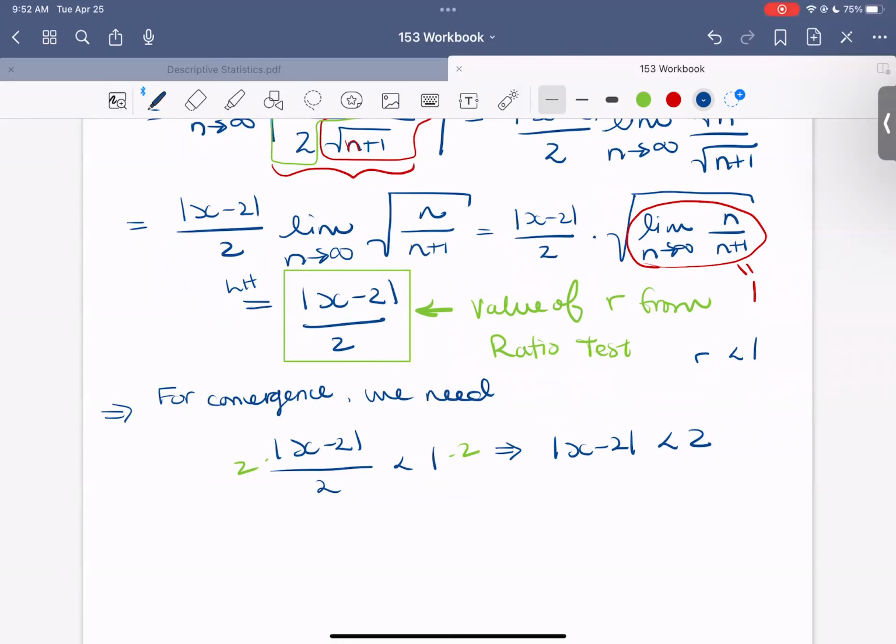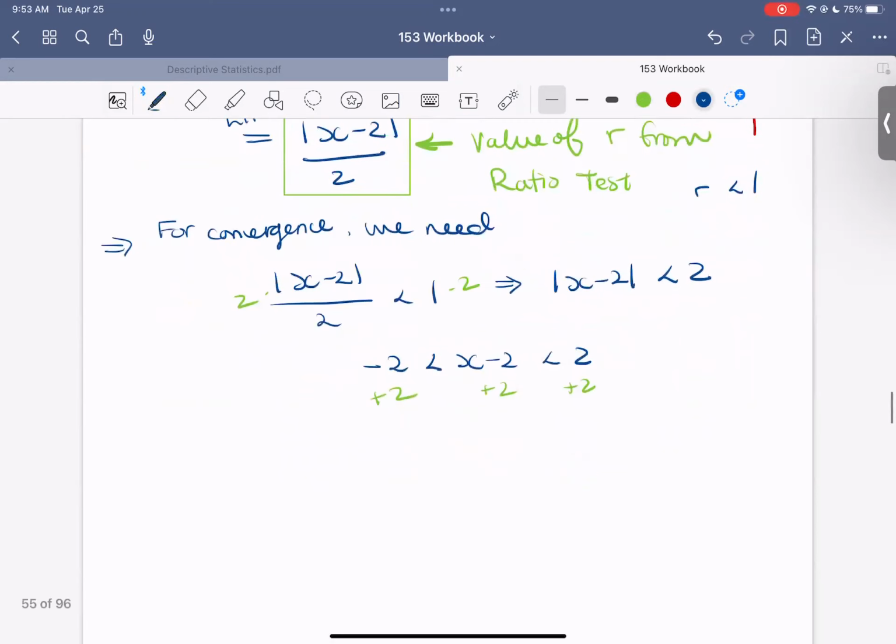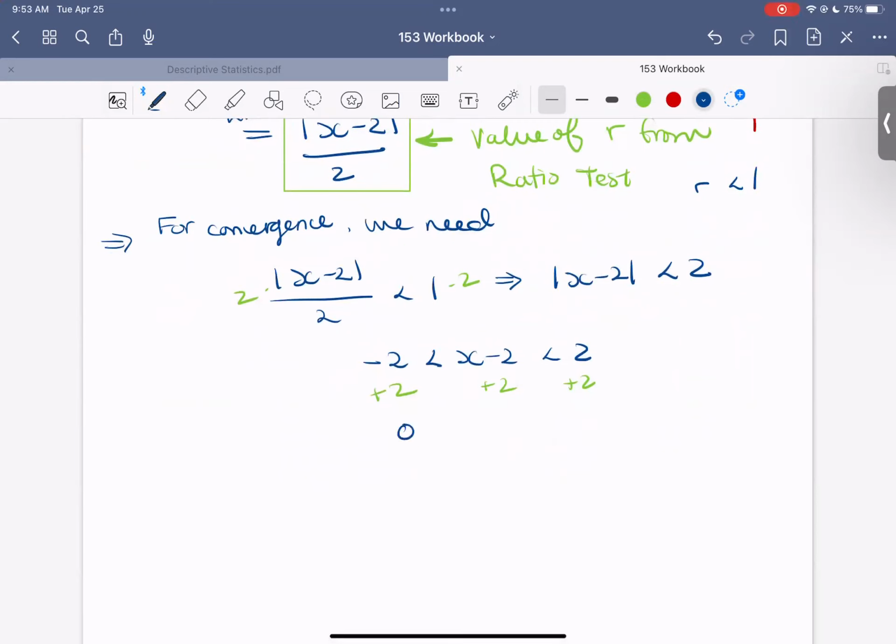So notice this gives me that x minus 2 has to be between negative 2 and 2 in order for that absolute value to be less than 2. And so now I can just solve for x by adding 2 everywhere here. So this gives me the interval that 0 has to be less than x less than 4.